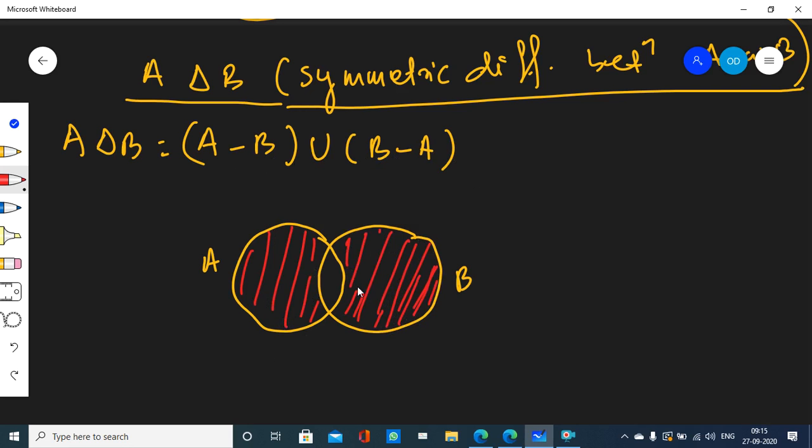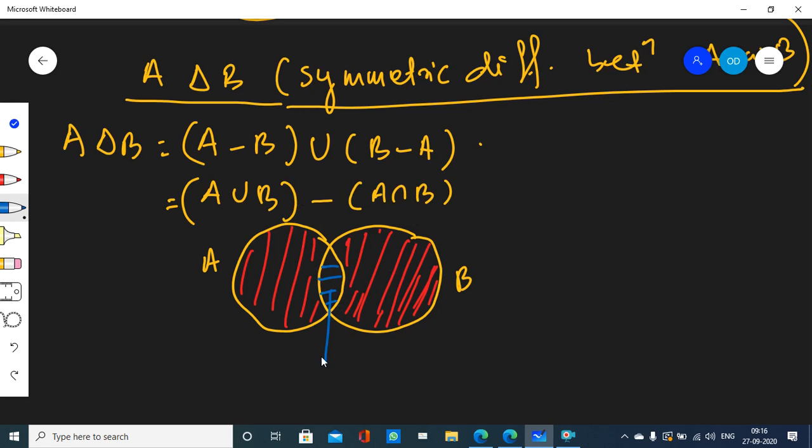All the elements of A minus B, all the elements of B minus A, right? Take them and form a new set that is called what? A delta B, right? Also you can see clearly that A delta B is also equal to A union B minus A intersection B. It's very easy to see, right? Clear as daylight.